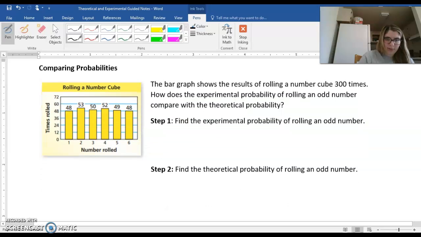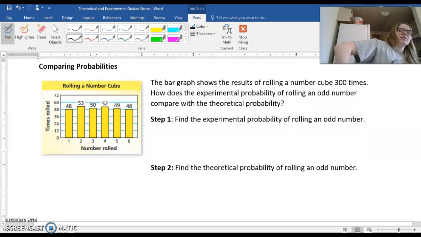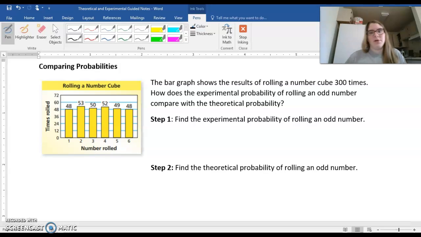Okay, comparing probabilities, so comparing experimental to theoretical. The bar graph shows the results of rolling a number cube 300 times. How does the experimental probability of rolling an odd number compare with the theoretical probability? Step 1, find the experimental probability of rolling an odd number. Remember, our probability was the number of times the event occurs over the total number of trials.